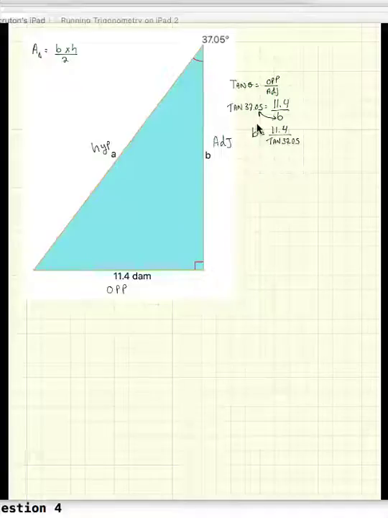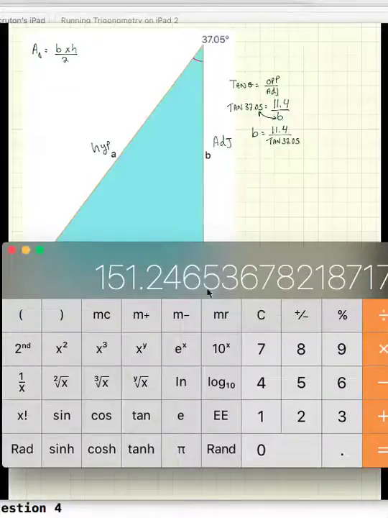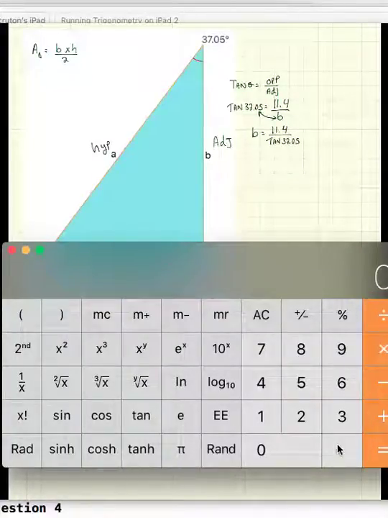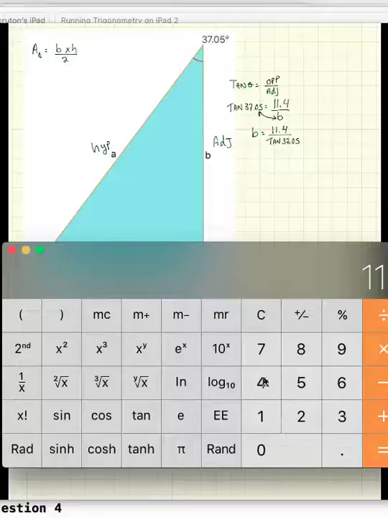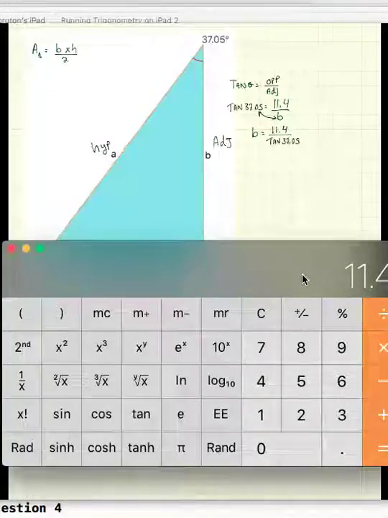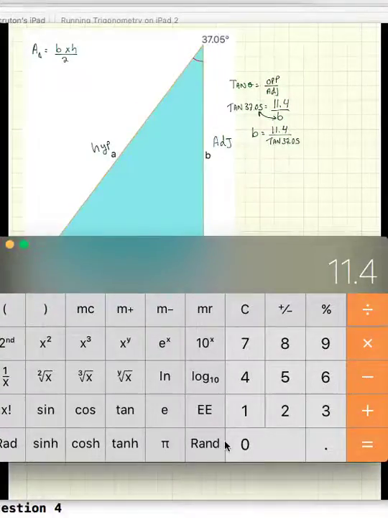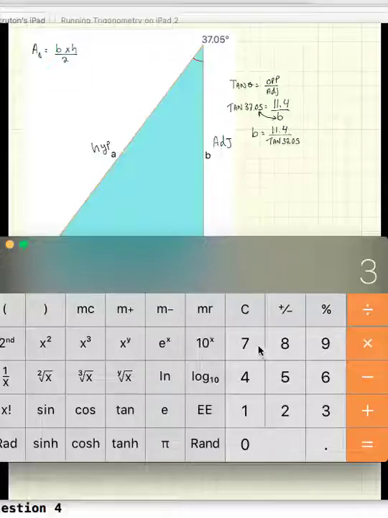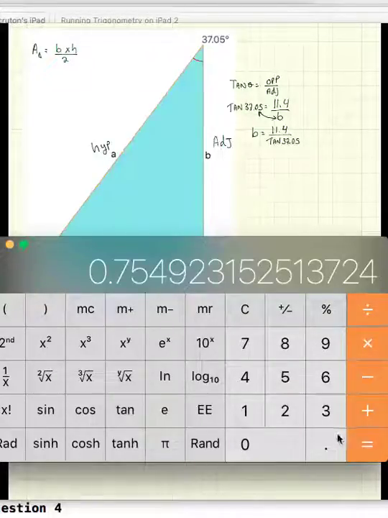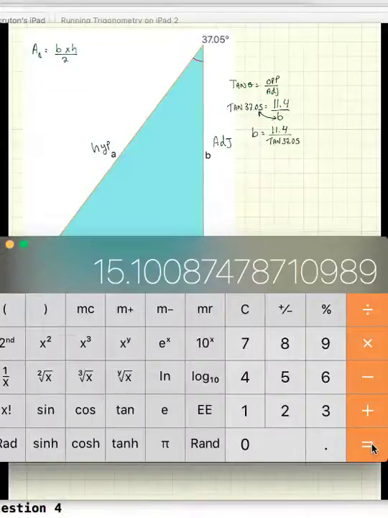All right, so handy dandy calculator time. 11.4 divided by 37.05 tangent is equal to 15.1001, let's say.